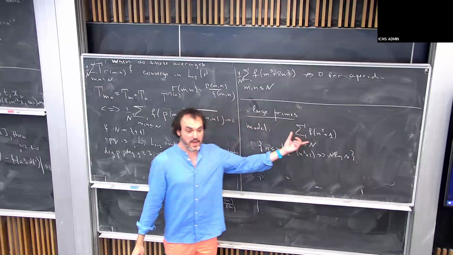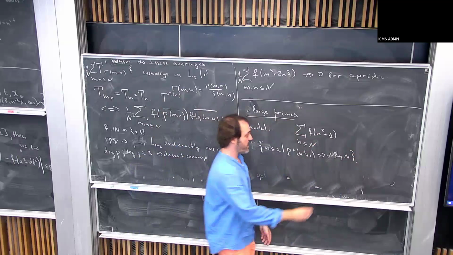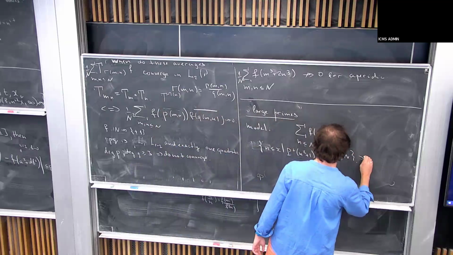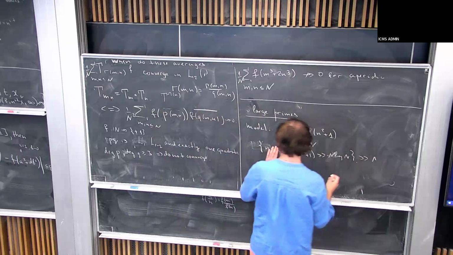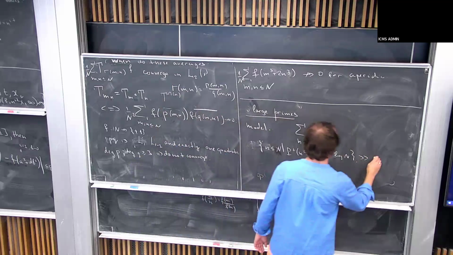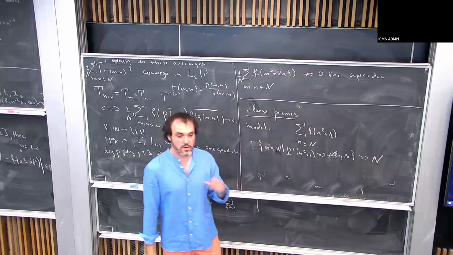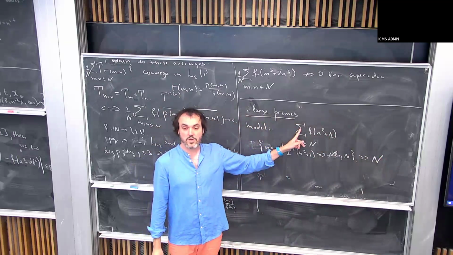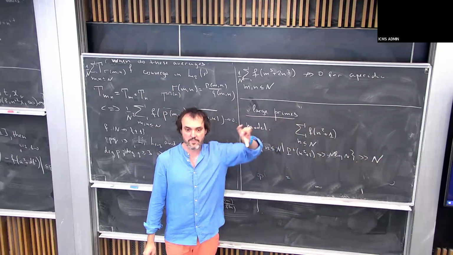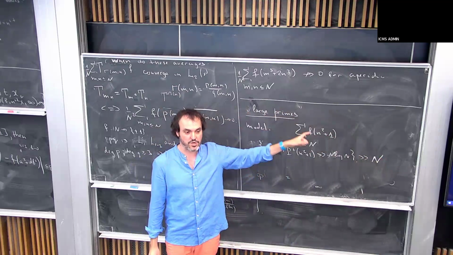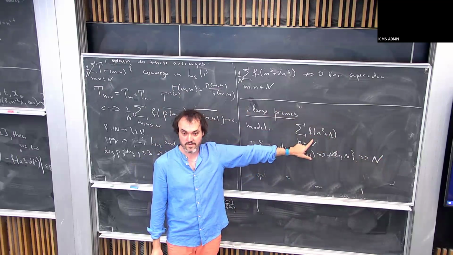In fact, there is a positive proportion of that. So there are many of these terms that have a large prime factor bigger than n, and you have full flexibility to rotate your averages on these large primes.